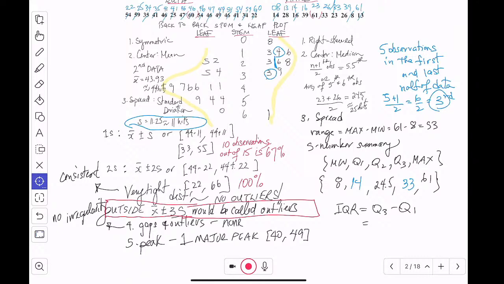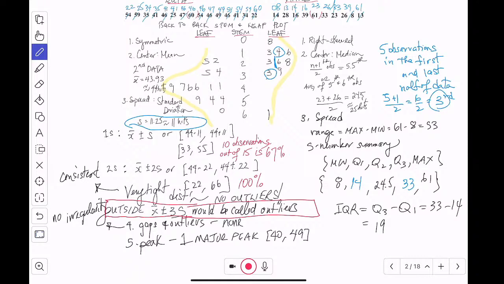So we're going to have to do this now where we figure out if 61 is an outlier. Q3 is 33 minus 14, which gives us 19. So what's the next step?